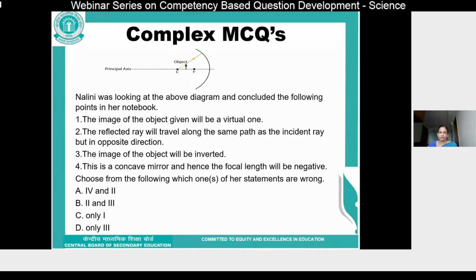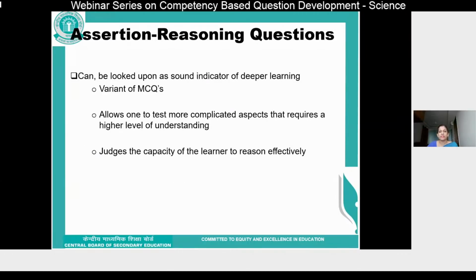Next slide. Assertion reasoning questions. Basically, these are questions consisting of 2 different statements. That means the learners should be able to evaluate the given statements independently to figure out the correct answer. This type of question generally consists of an assertion, which is the statement of fact, and a reason, that is the explanation of the assertion.